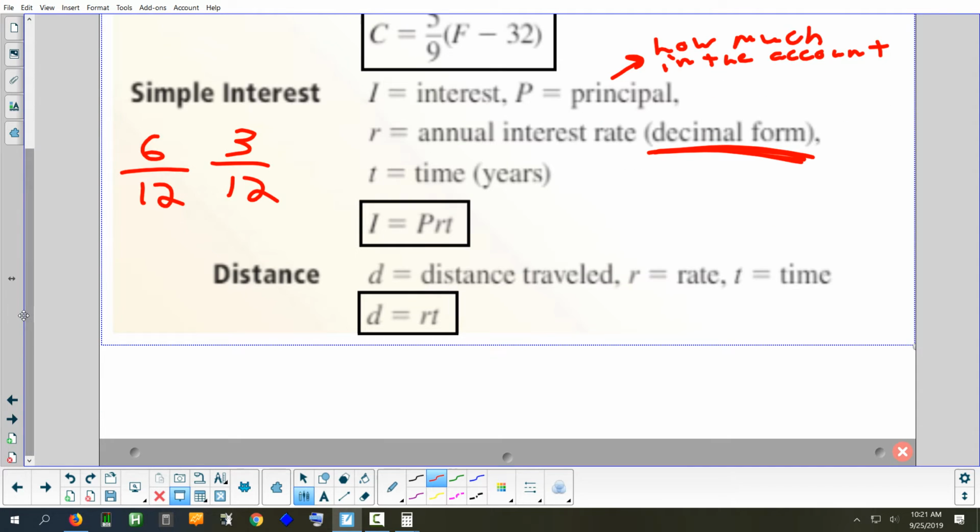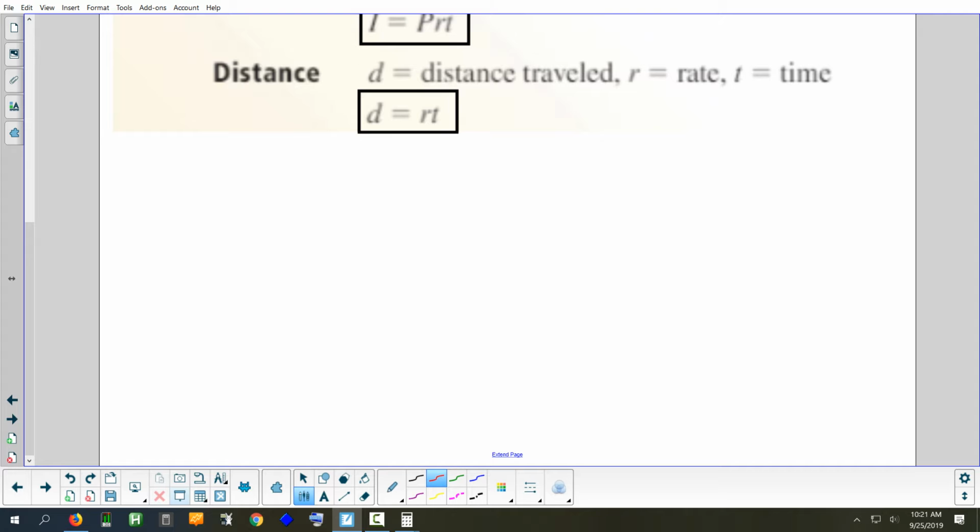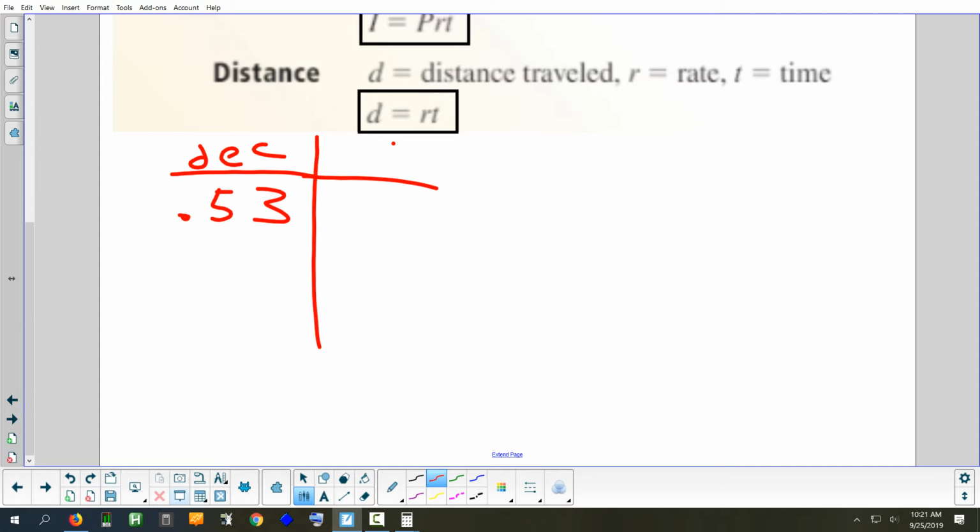Let me show you an example. This is the decimal, 0.53. This is the percent. 0.53 is the decimal. That means 53%.